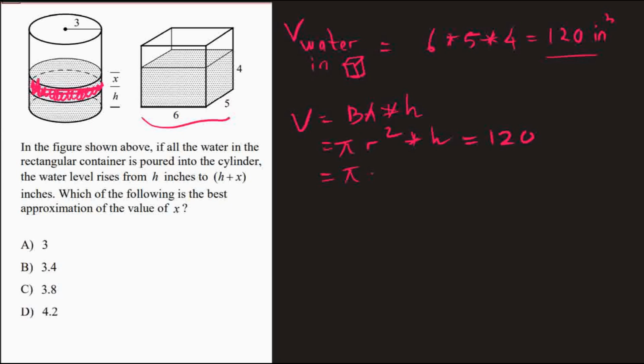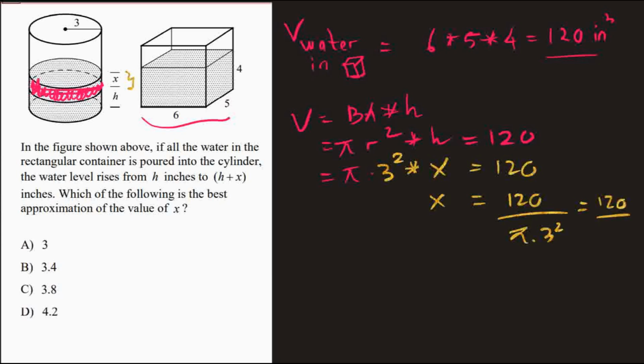The radius is 3 here, so pi times 3 squared times the height, in this case x, equals 120. x equals 120 over pi times 3 squared, which is 120 over 9 pi, and that is 4.24. So the best approximation of the value of x will be 4.2.